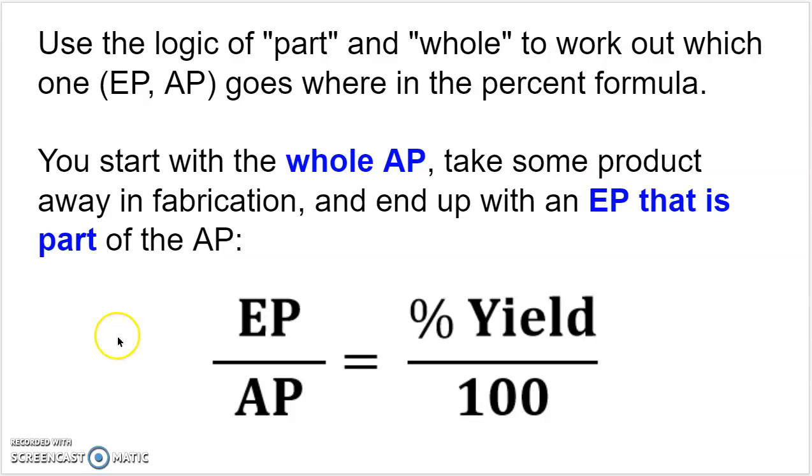And then you start with the whole AP, this big product, and then you take away something from it. If you peel a potato, you took away part of it. And so the edible portion is going to be part of the as purchased. That's the reason the percent formula turns into EP over AP equals percent yield over 100.